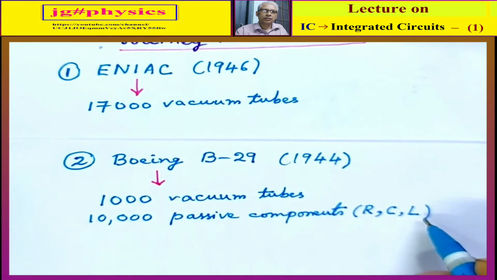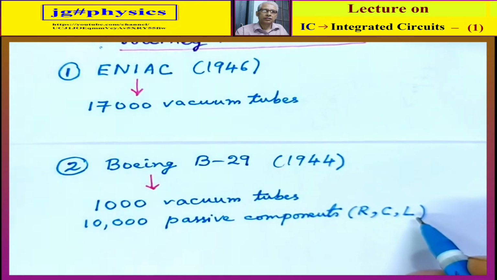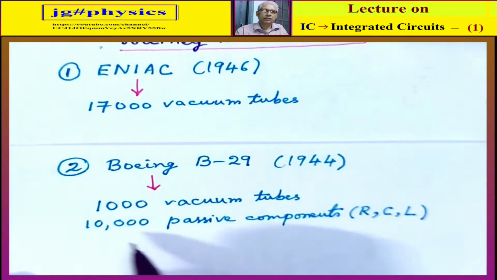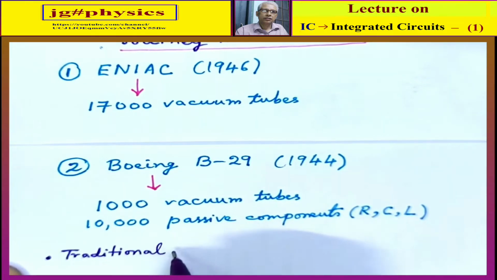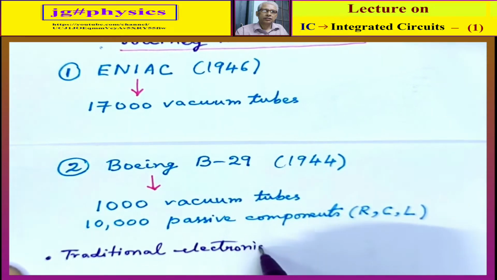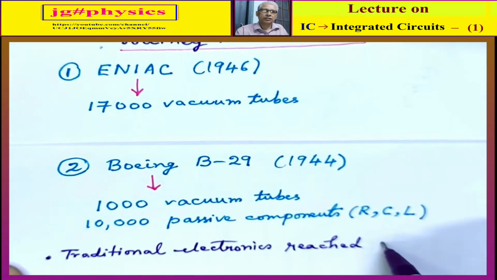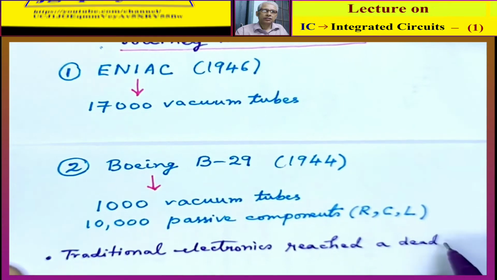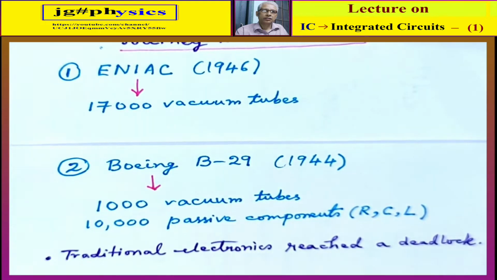At that time, electronic circuit design was approaching a stage of saturation. Traditional electronics reached a deadlock, so to say, since every additional component reduced reliability, lengthened startup time and troubleshooting time.